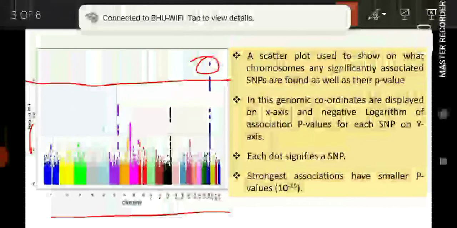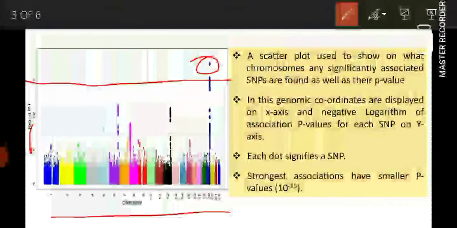So in this way the Manhattan plot is interpreted, and also on which chromosome number it is present. Here you can see the purple-colored SNPs present on chromosome number 19. So it means that this particular SNP is present on chromosome number 19, and it is showing the strongest association with the trait of interest.